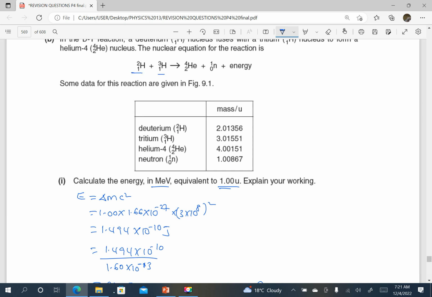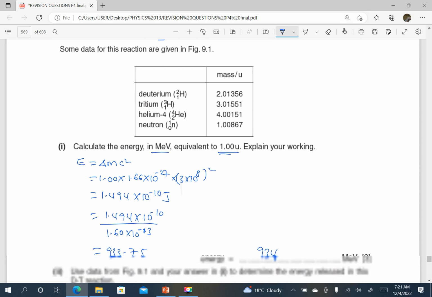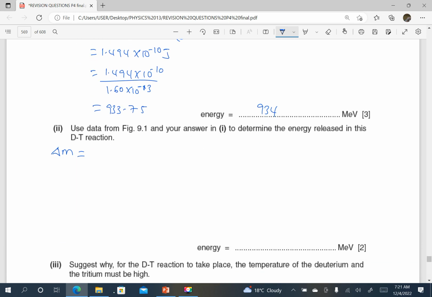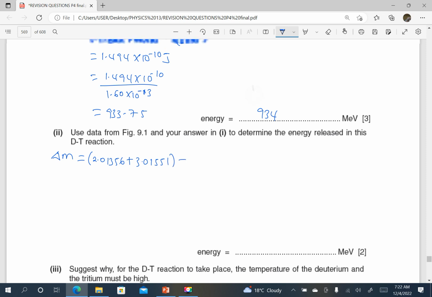So for the total mass, we shall add the masses of these two on the left. Deuterium is 2.01356 plus tritium, which is 3.01551. That is the total mass on the left.